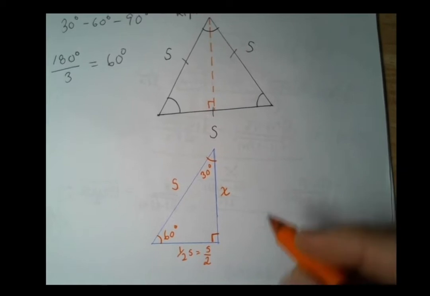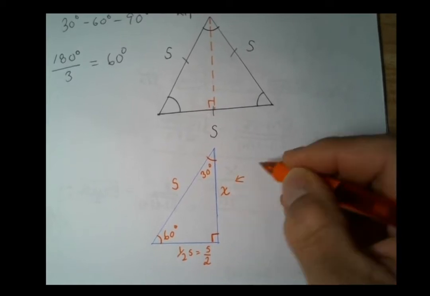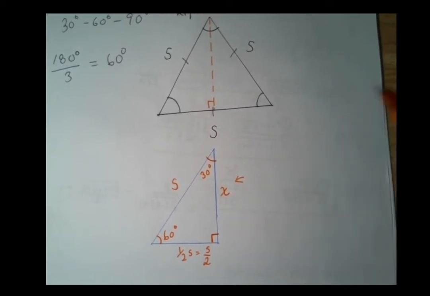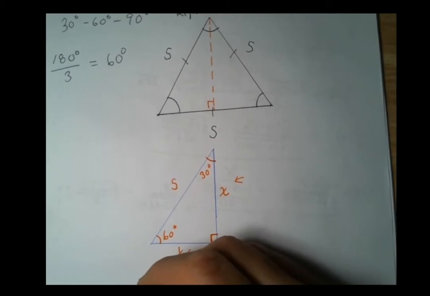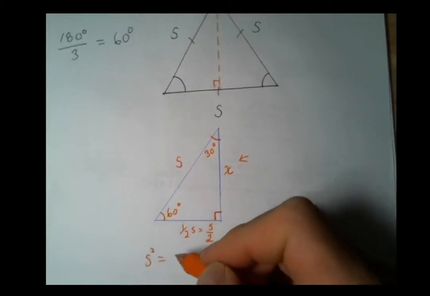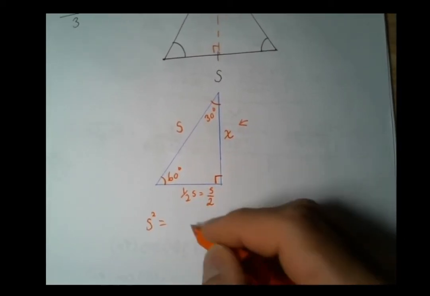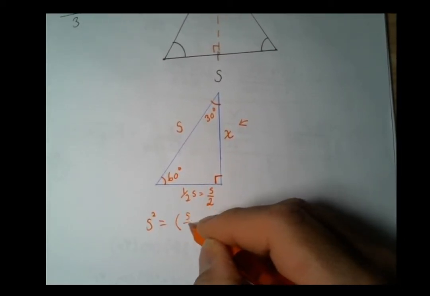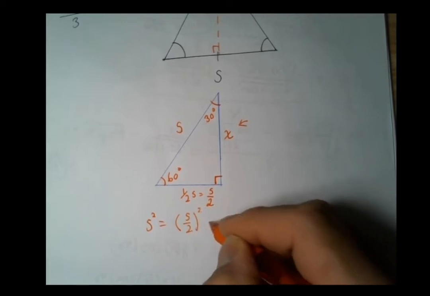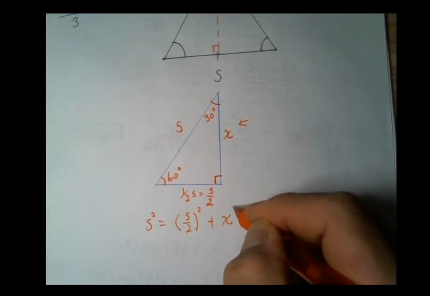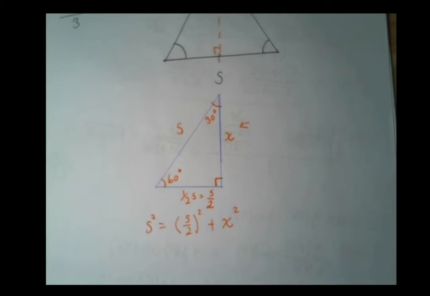So I'm going to solve using the Pythagorean theorem, which relates the three sides of a right triangle, where we have the hypotenuse, S squared, related to the two legs, S over 2 squared plus x squared.